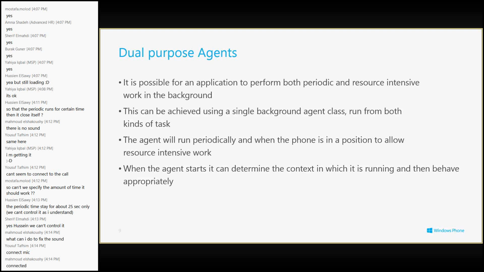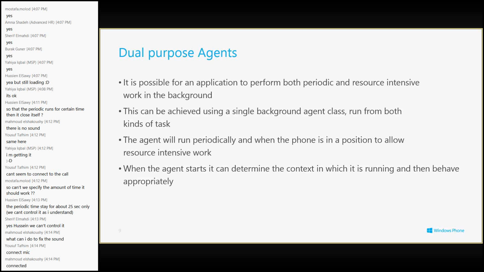And the implementation of both is very easy. I will show you the difference. But if you want to have both a periodic and a resource-intensive task for your application, you just put the code for the two options into the same scheduled task agent project. And I'll show you that in a moment. And then at runtime, you can determine whether the system is running the agent as a periodic task or as a resource-intensive one.